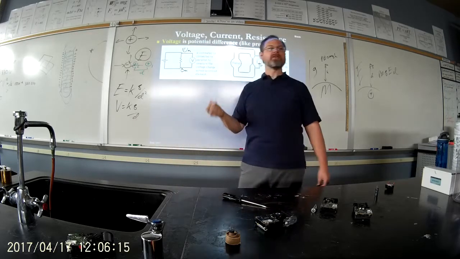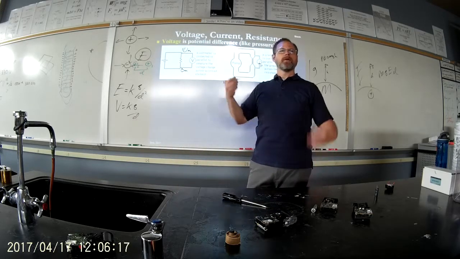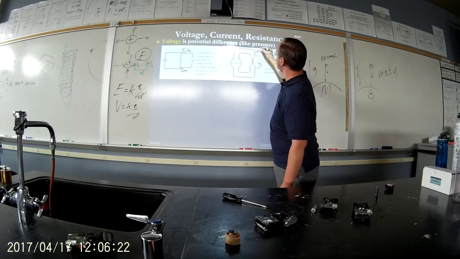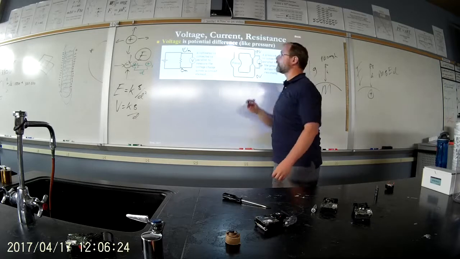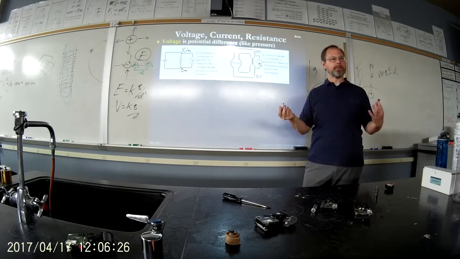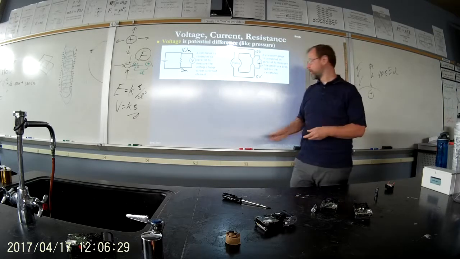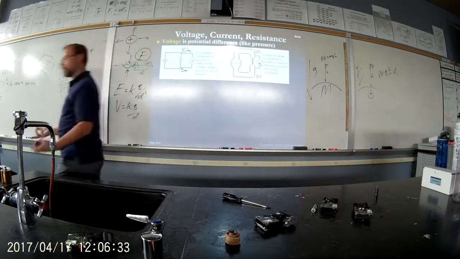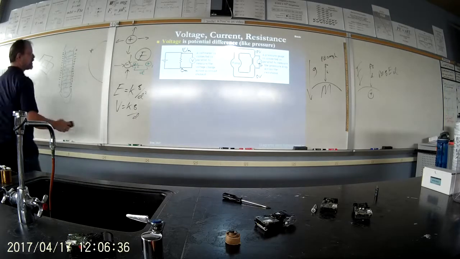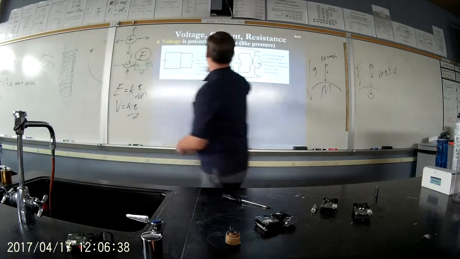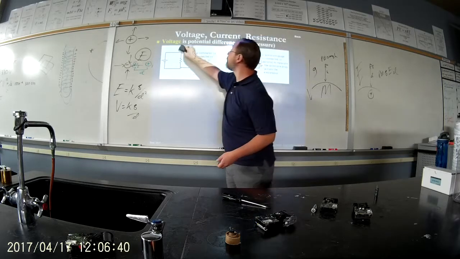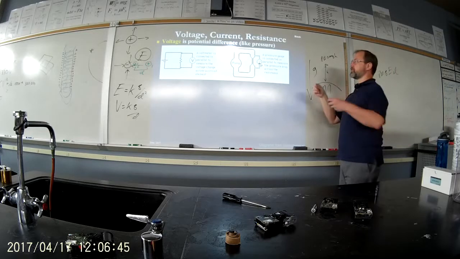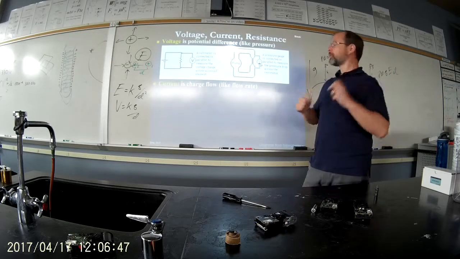So what's the potential difference of the waterfall? 10 meters. Okay? And the pump, the top of the pump is at 10 volts, the bottom is at 0 volts, so what's the potential difference of the pump? Get the idea? That's how it works. So if maybe it's 10 and 4, you have a potential difference of 6. Okay? So when you measure the potential difference, you measure above and below, or before and after a device. And that'll be important when we actually do the simulation to build circuits. We're going to build circuits.